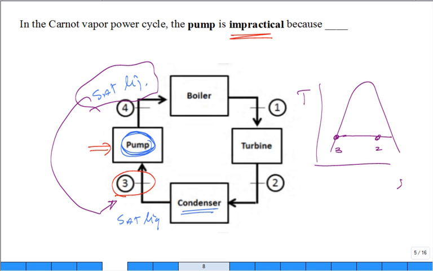Now, once we know what we're doing, then we can feed that into a pump. So here would be a problem. Instead of a Carnot vapor power cycle, it's an ideal Rankine vapor power cycle. The same working fluid, the same high pressure of the boiler, the same low pressure of the condenser, and do the same thing. Get me the work and the heat for each of those components. A lot of it will be the same steps. It's only when you get to state 3.